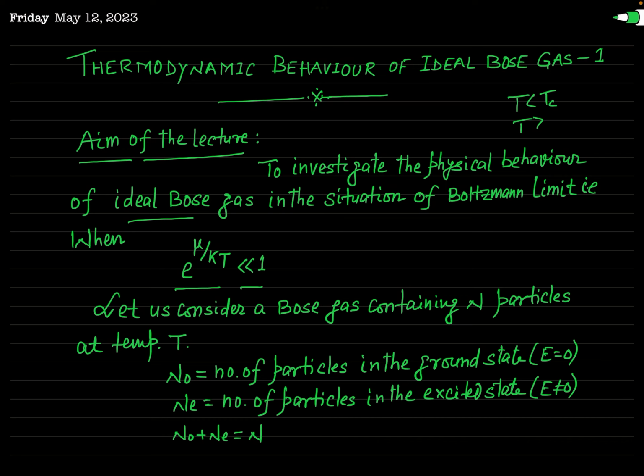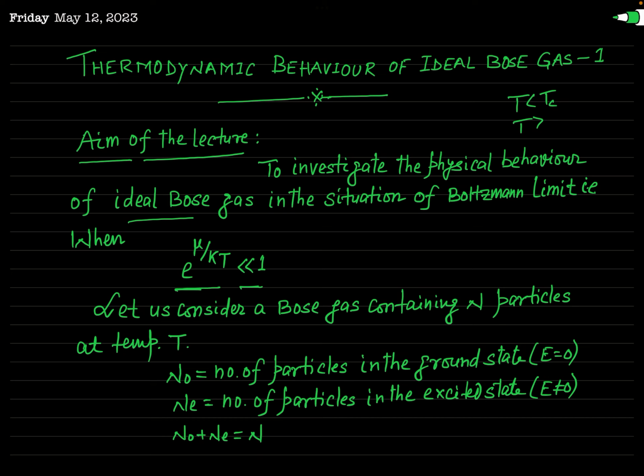When you consider this particular condition that e to the power mu by kT is much smaller than 1, where mu is the chemical potential of the gas, which is called the Boltzmann limit, then we will be able to compare the results for the ideal Bose gas and the ideal Boltzmann gas.